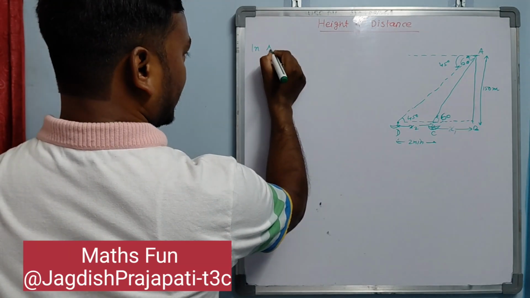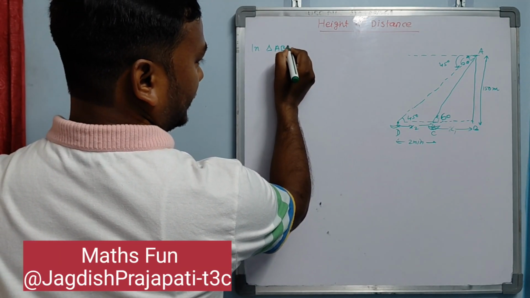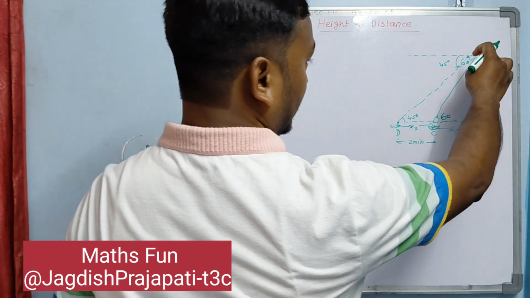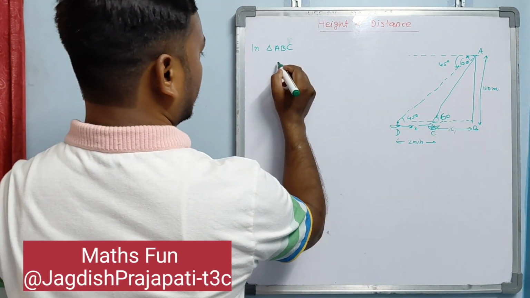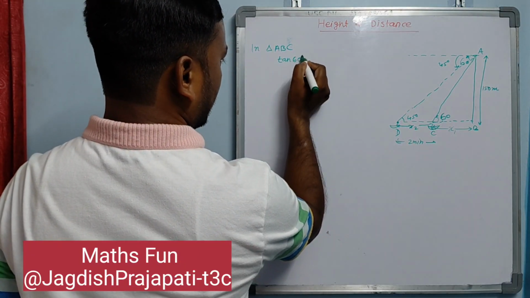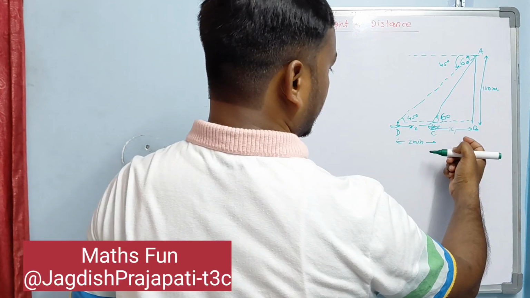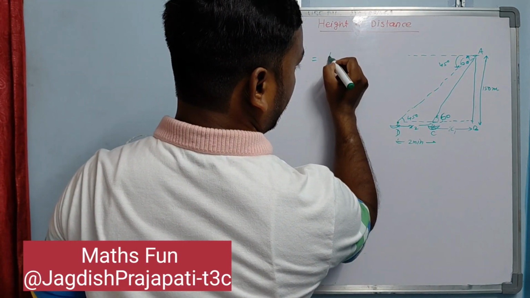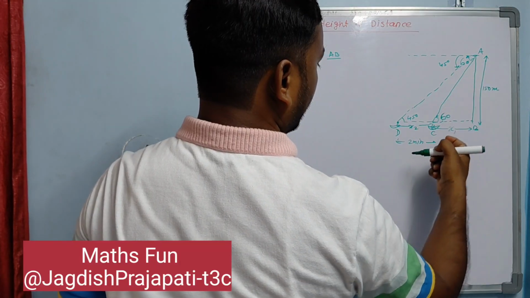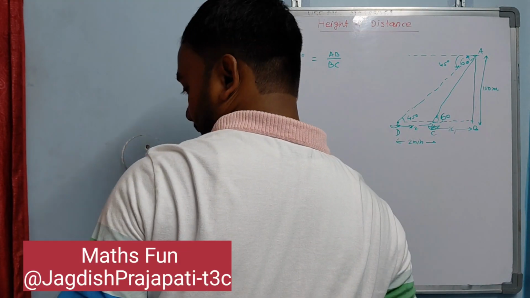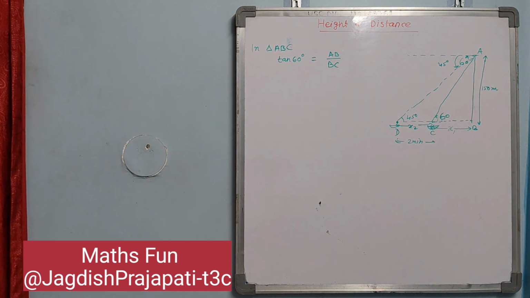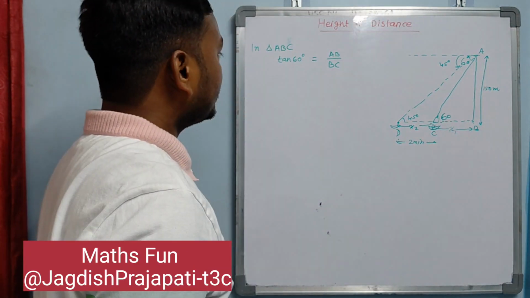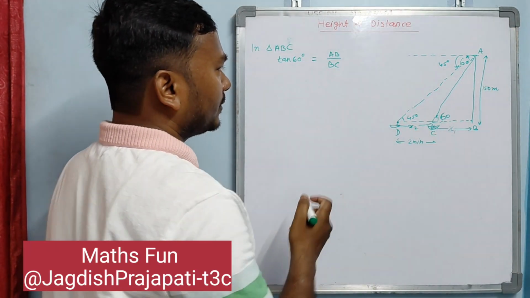Now follow this. In triangle ABC, tan 60 is AB upon BC.